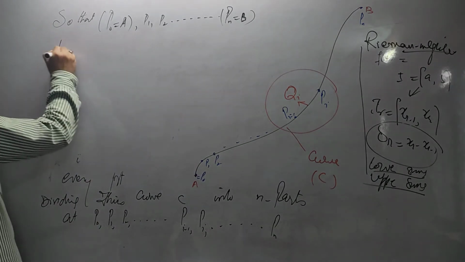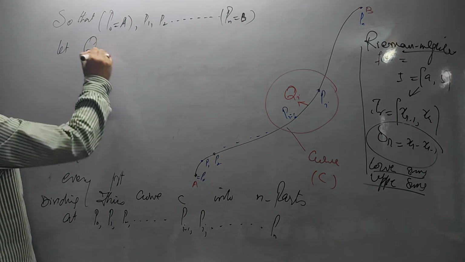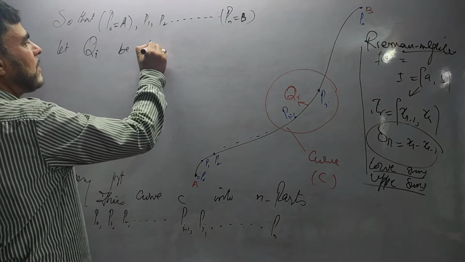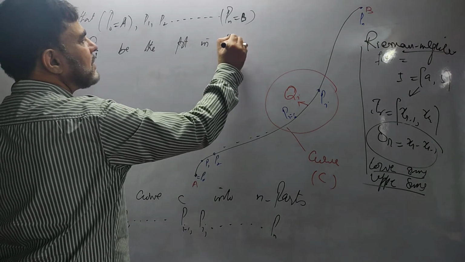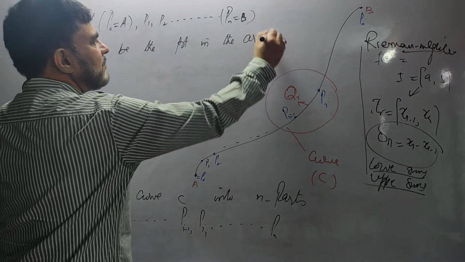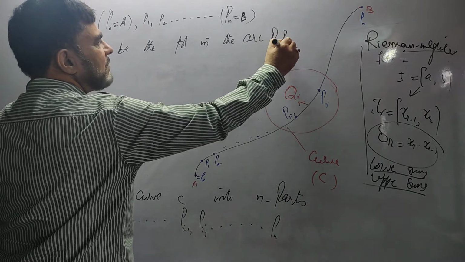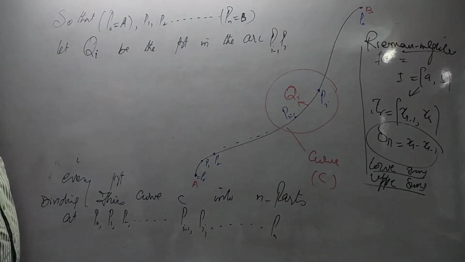Then we write, let Qi be the point in the arc Pi minus 1 Pi, we take here a point Qi.